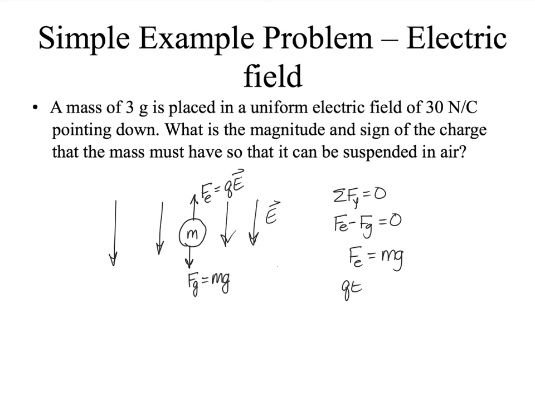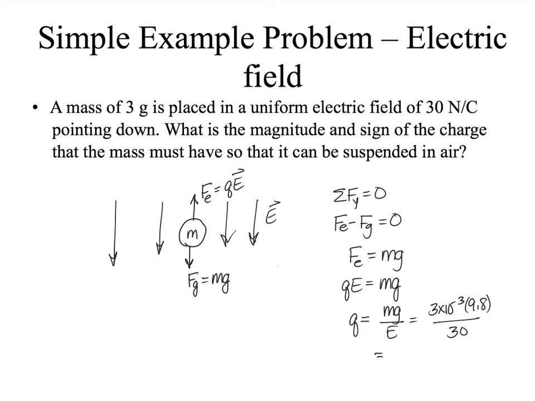So QE is equal to mg. So using this, we can calculate the charge, which is going to be mg over E, which is 3 times 10 to the minus 3rd times 9.8 over 30.